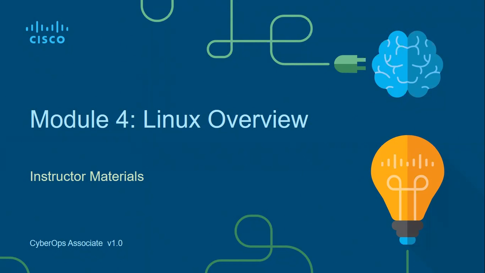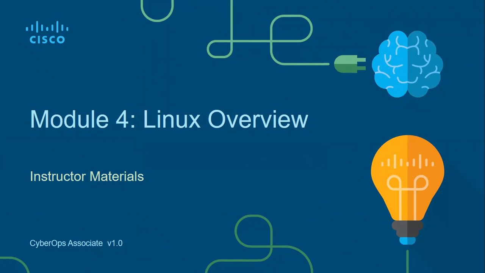Linux overview. So Linux is another operating system. We looked at Windows in module 3, and in module 4 we look at Linux. Now I know most of the people know Windows.